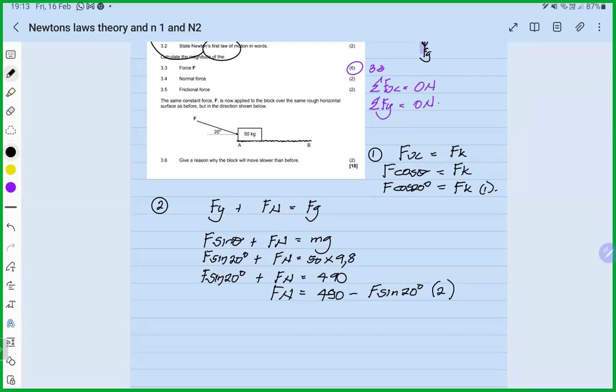Anybody knows what I'm going to do with these two equations now? Because it gets even weirder from here. Anyone? Simultaneously solve it. Well, you can't solve anything simultaneously over there because you can't equate those two equations.